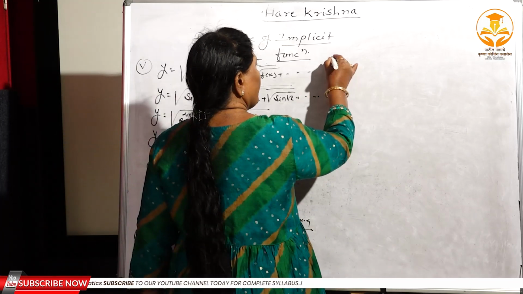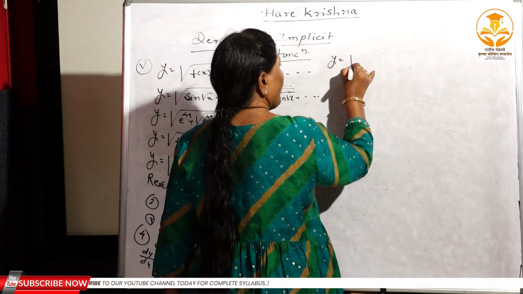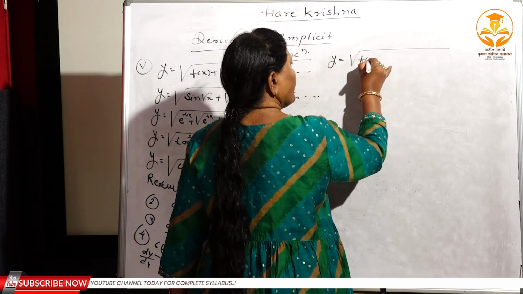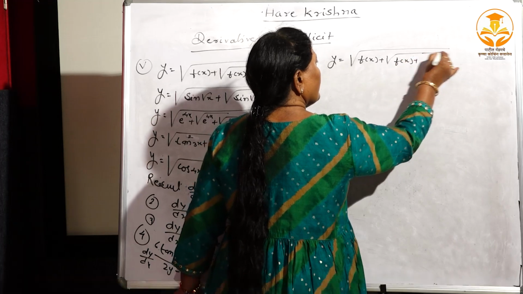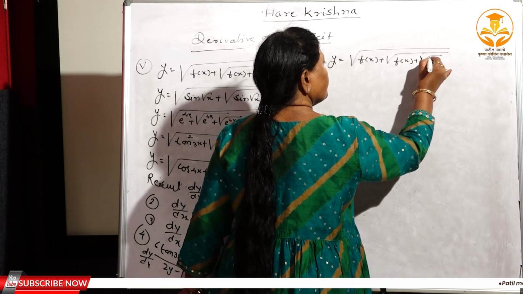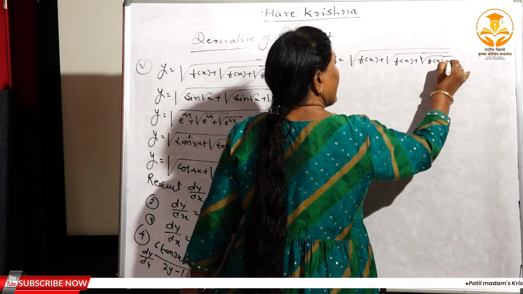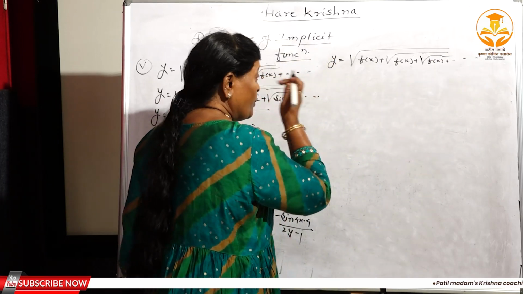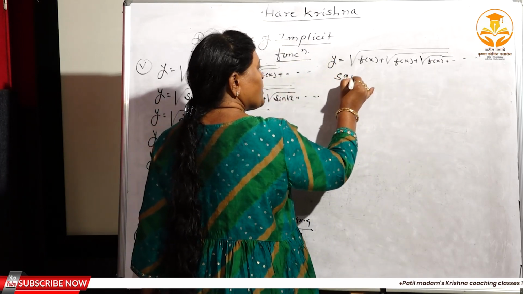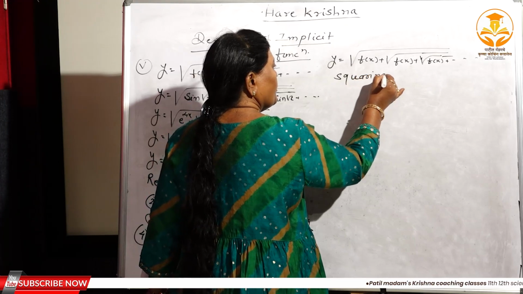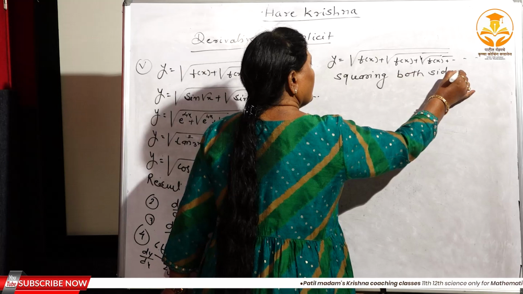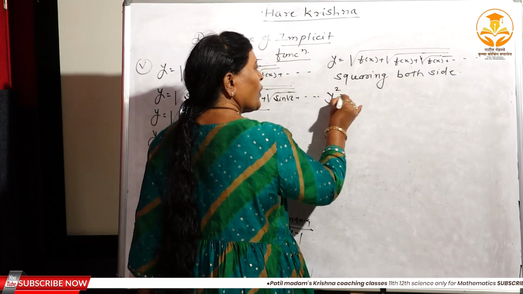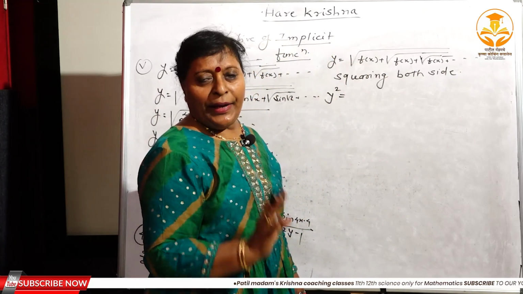See here, the first one, that is root of f of x plus root of f of x plus root of f of x, and so on. Now here what you have to do? First you have to square both sides. Now when you make the square, only one root gets eliminated.